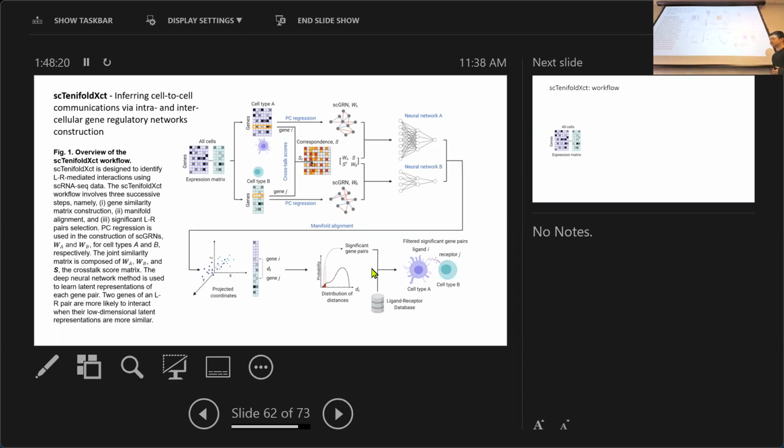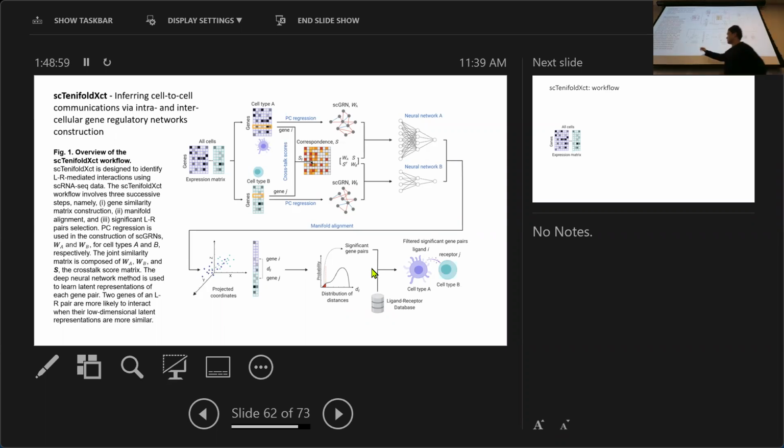So we will have a statistical test to get the significant ligand-receptor pairs located in the left tail of this distribution. That's the reason why we query the prior knowledge database, the ligand-receptor database, to extract the significant ligand-receptor pairs located in the left tail, and that's the thing that we want to infer.